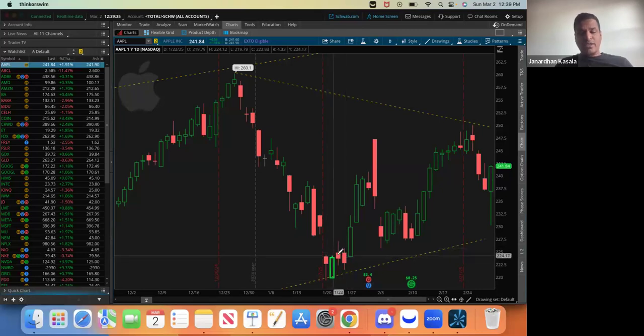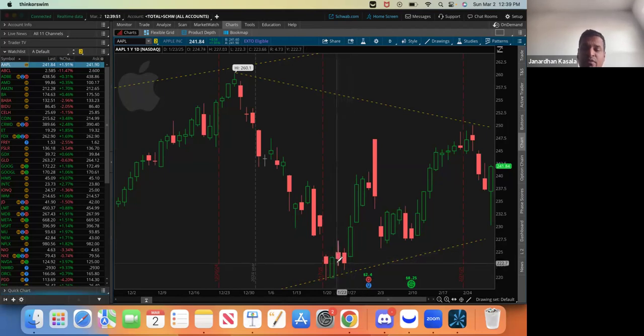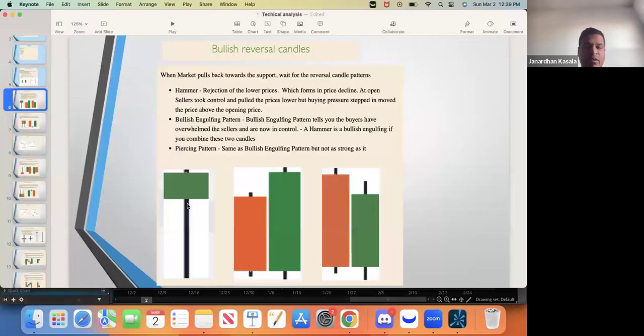Even this one is a bullish candle, and again they tried to push it down, but bulls actually closed this one green. So this is the confirmation for bulls. This is the bullish reversal.